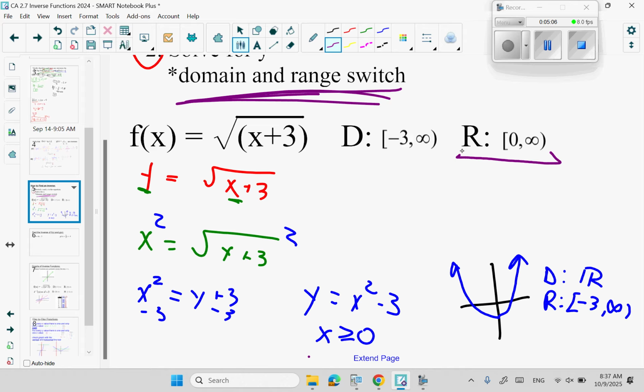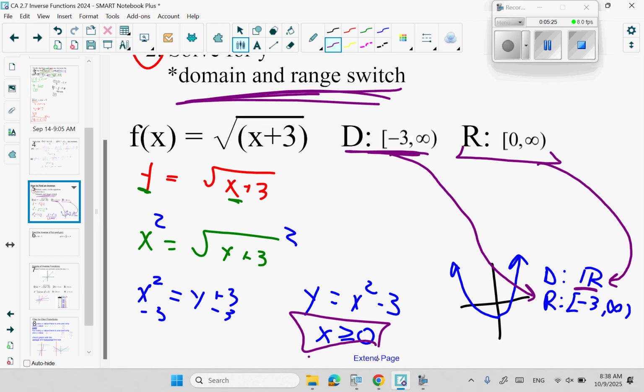My range and domain have to flip. So looking at my domain, that becomes my new range. That's perfectly fine. But this has to switch. And as we see, my domain currently says all real numbers. It needs to say 0 to infinity. So I know that x has to be greater than or equal to 0, effectively erasing this whole piece right here.